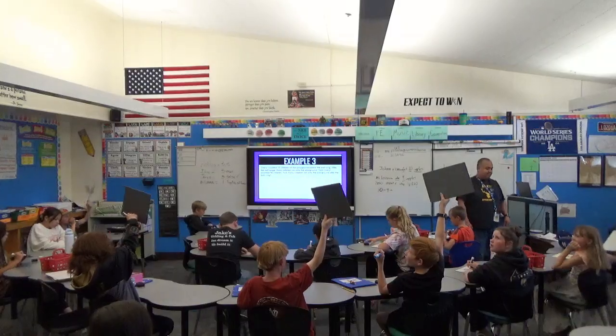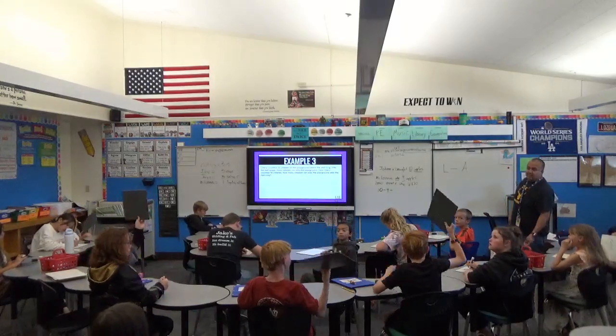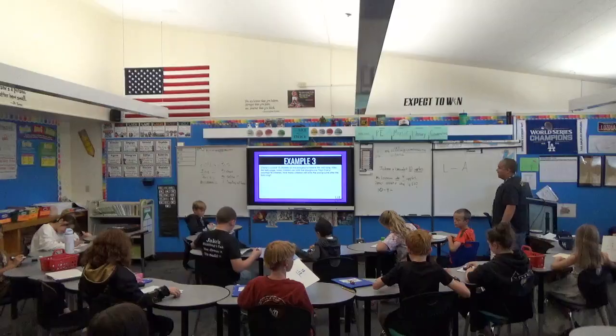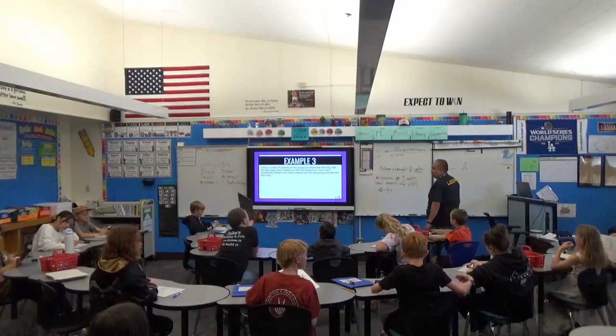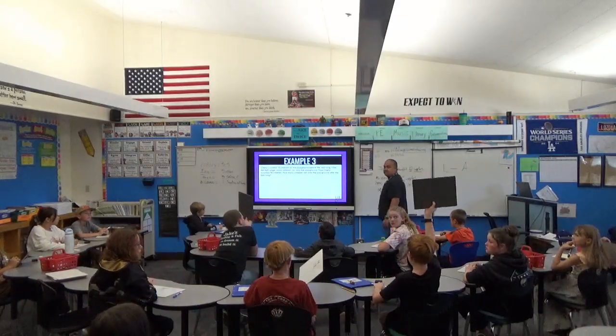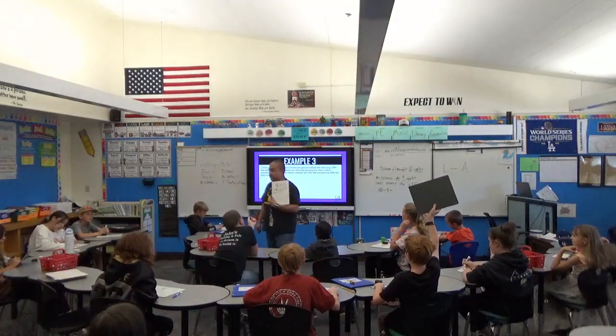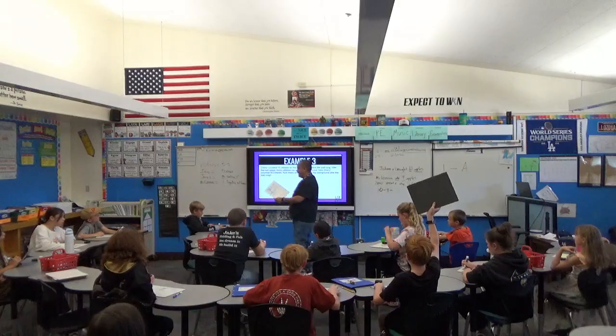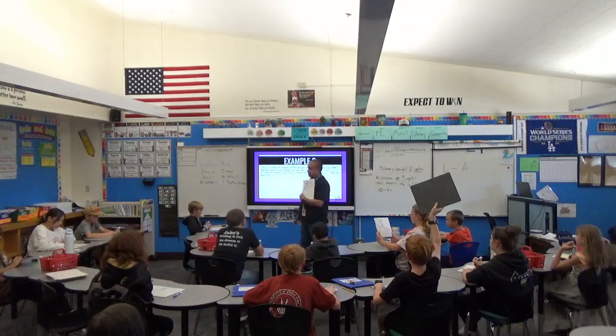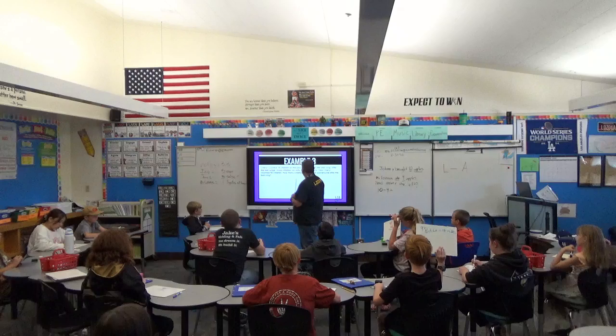Brixton got it first. Good job, Brixton. Okay, Brixton, hold it up. So for this one right here, I'll hold this one because it's closer to me. So he also got it right. He's got 18 children.